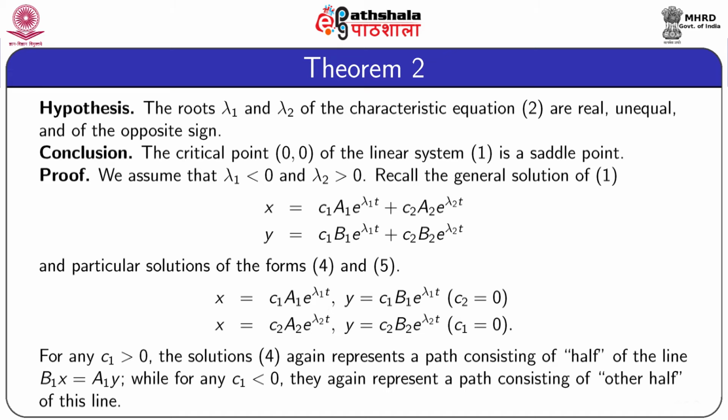So, like before, if c1 is greater than 0, the solution 4 represents a path consisting of half of the line b1 x is equal to a1 y, while for c1 less than 0, it will again represent a path consisting of the other half of the line.